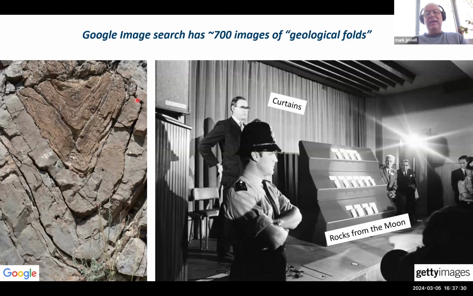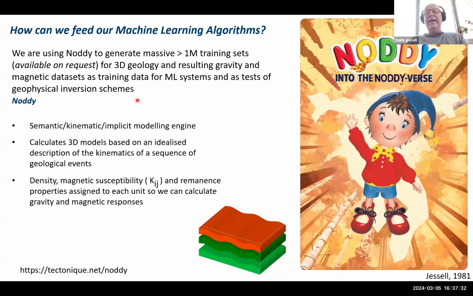So what we did is we used a software package that was developed a long time ago. In fact, it was my master's thesis, to build a massive, which means more than 1 million model, training set with randomly assigned parameters. The Noddy software is a package where you define a geological series of events.